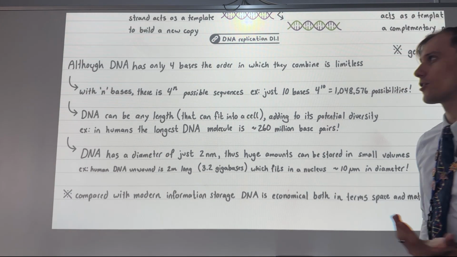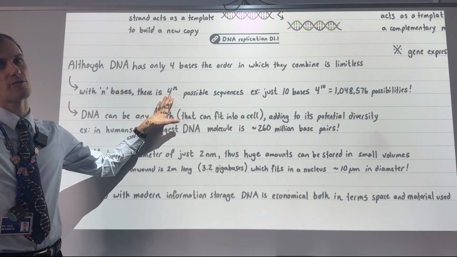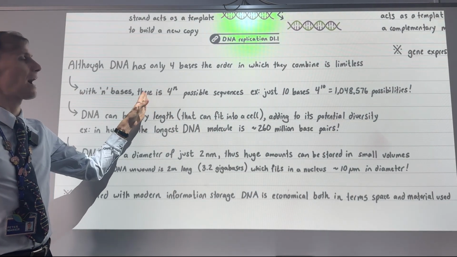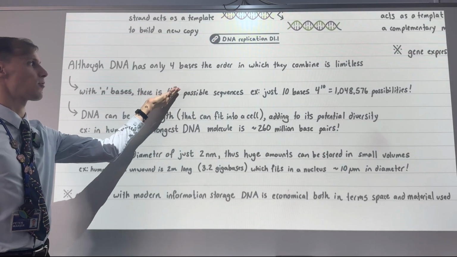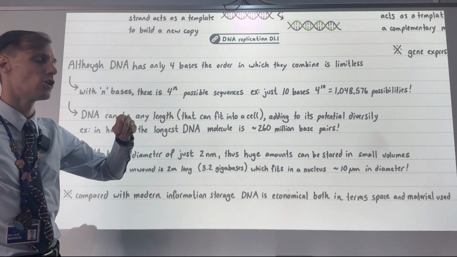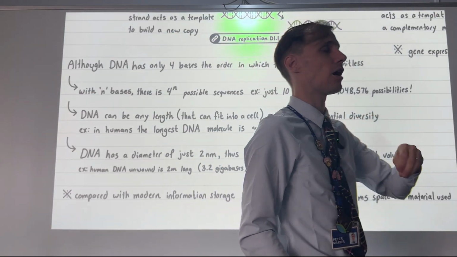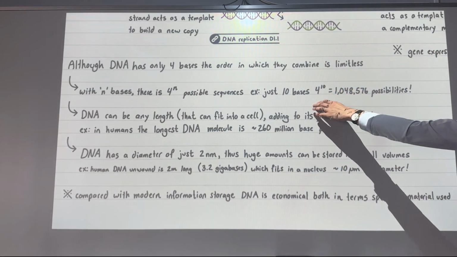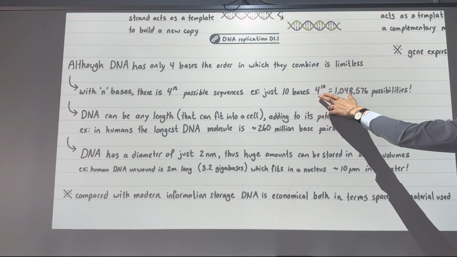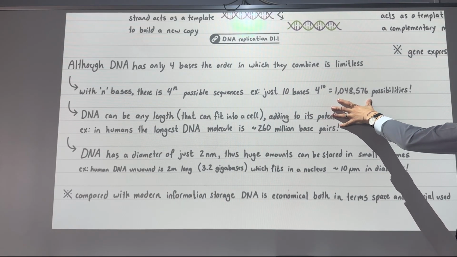How can I make that argument? If there's only 4 different bases, then depending on how many nucleotides make up a polynucleotide, there are 4 raised to the n possibilities. So even if you have a polynucleotide of just 10 bases long, you would have 4 to the 10 possibilities, or over 1 million different combinations.